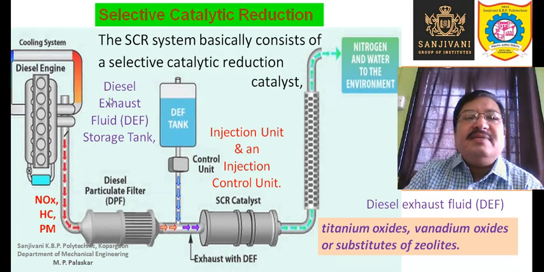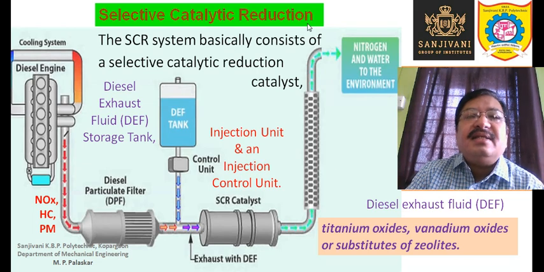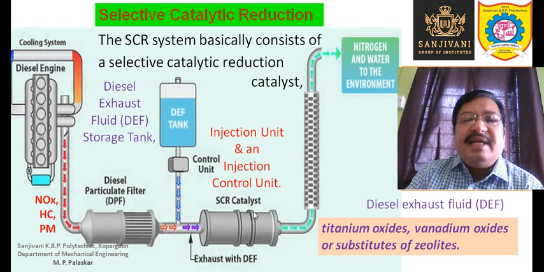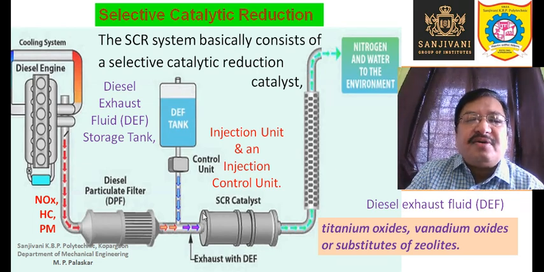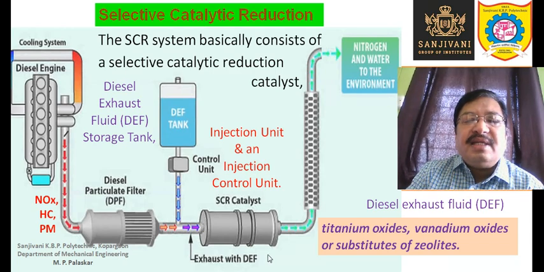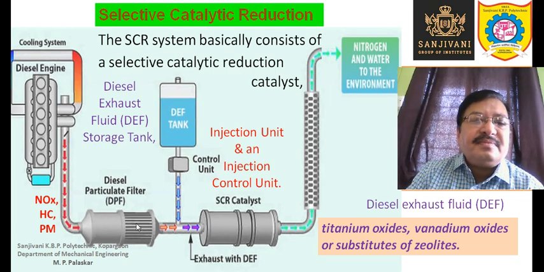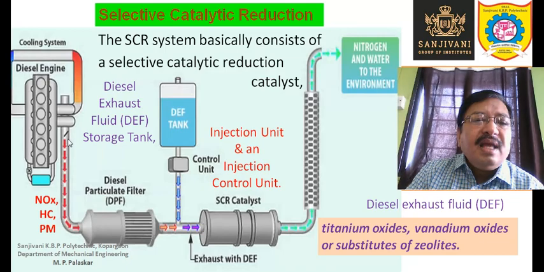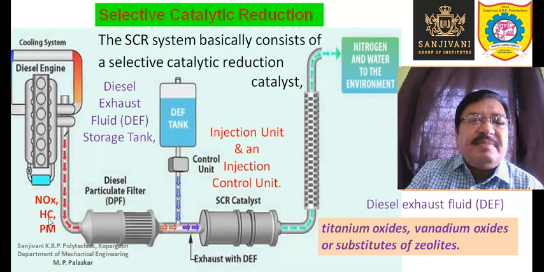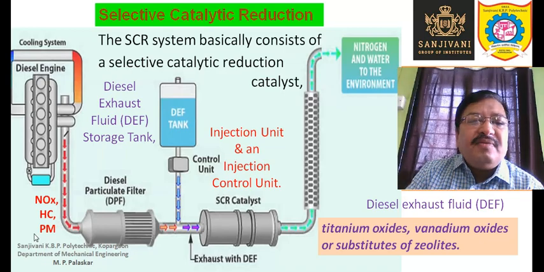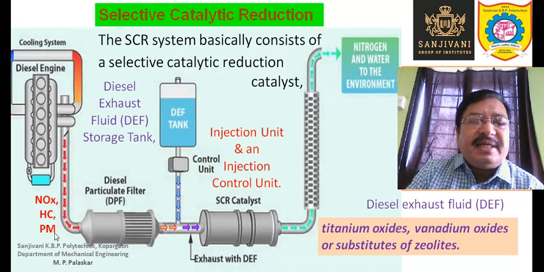So we are studying the selective catalytic reduction process, and that unit will reduce the nitrogen oxides into nitrogen and water. So here the exhaust gases consist of the nitrogen oxides, then the unburned hydrocarbons, along with the particulate matter.